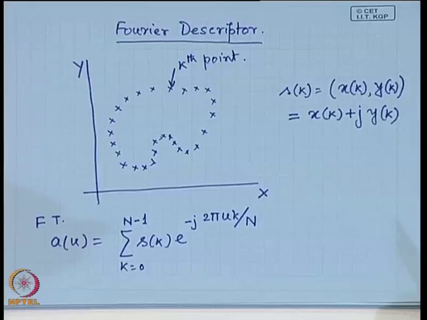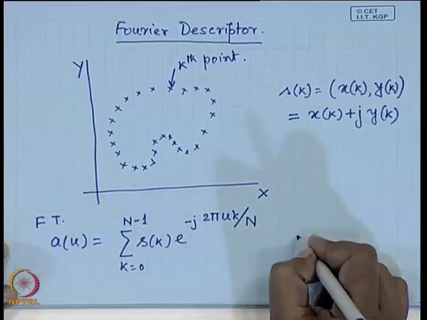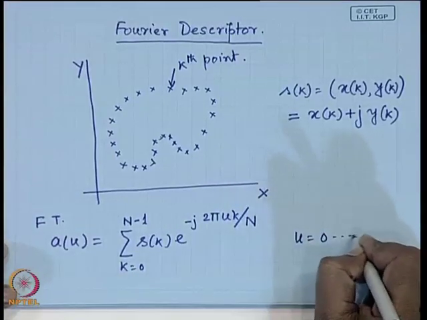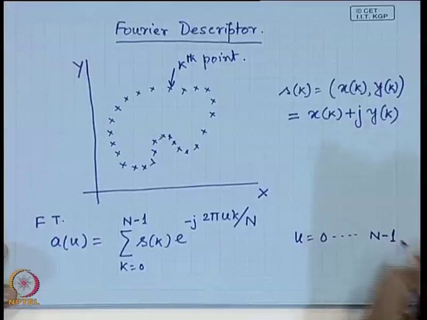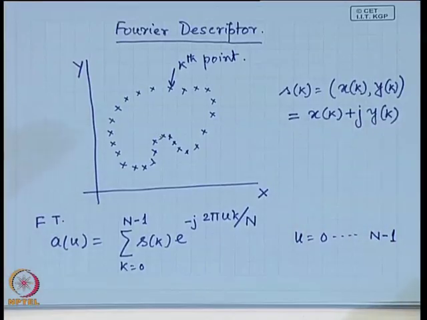These points are represented as complex numbers, so I have a set of complex samples. I take the Fourier transform of that set of complex numbers. Okay. So, I get this A u, where u also varies from 0 to capital N minus 1, because if I take the Fourier transform of N points, I get N coefficients. So, I get capital N coefficients.